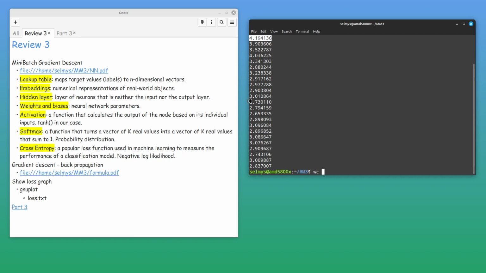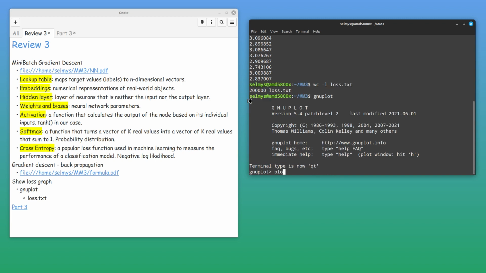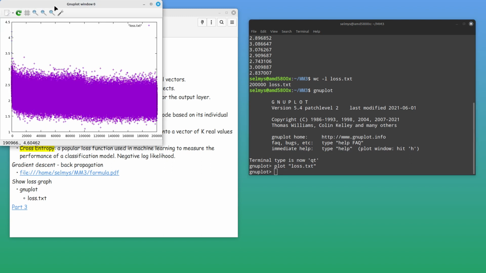So how many of these values do we have? 200,000. So this loop went through 200,000 times. If I plot the loss, you can see what it looks like here.